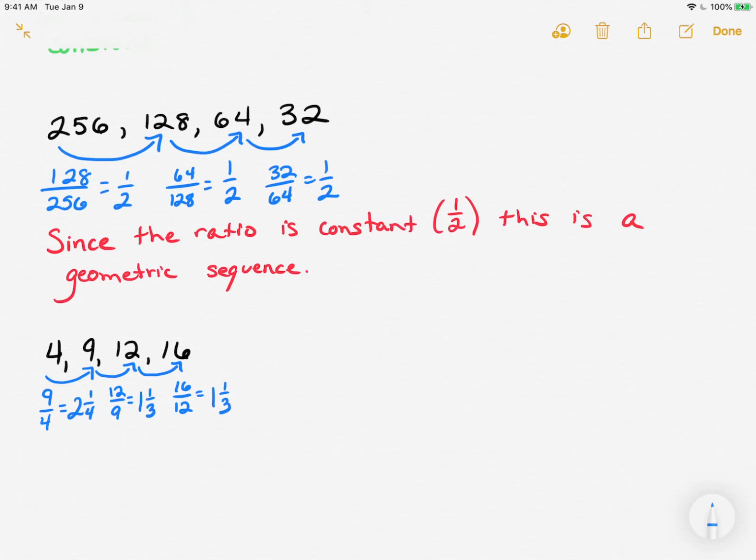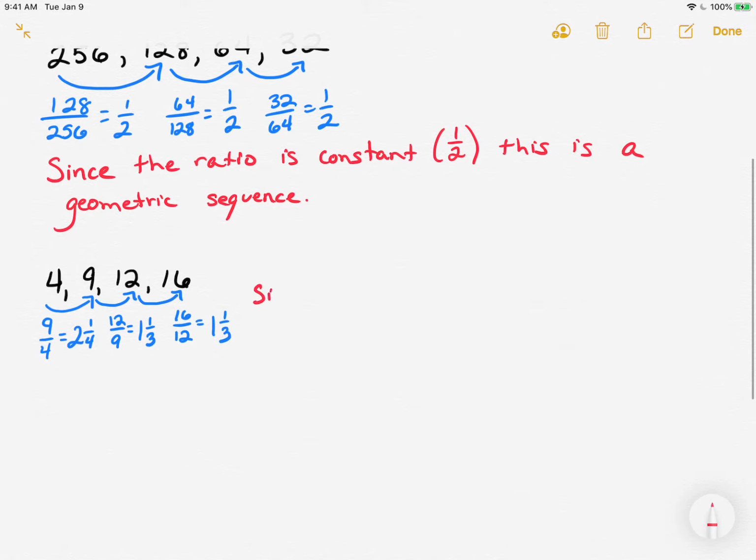So two of them are the same, but not all of them. So since the ratio is not constant, this is not a geometric sequence.